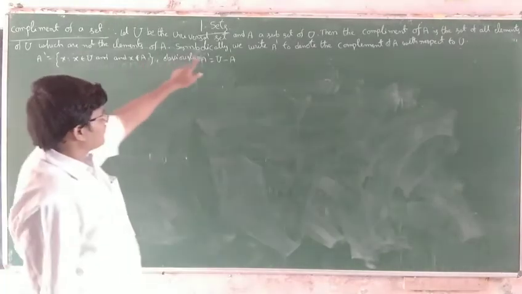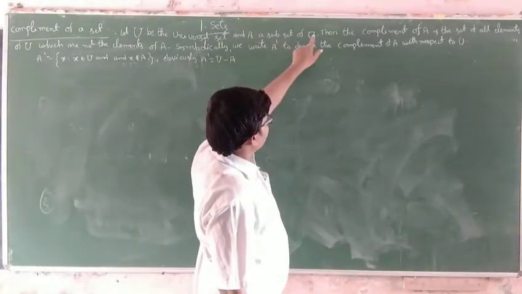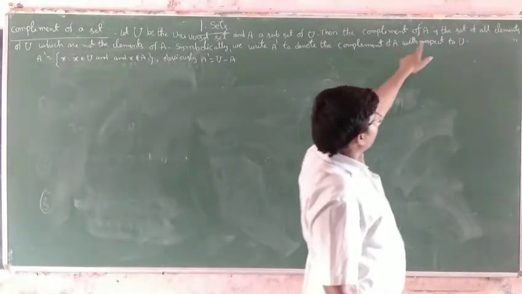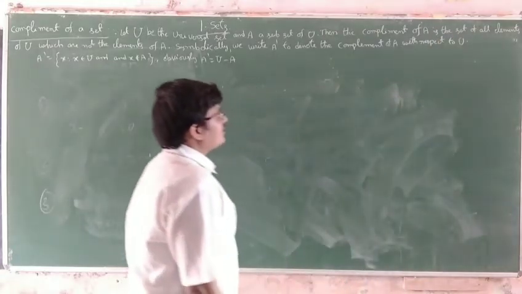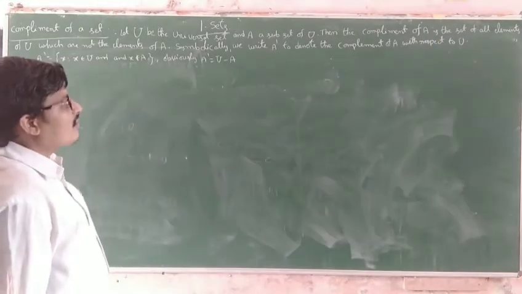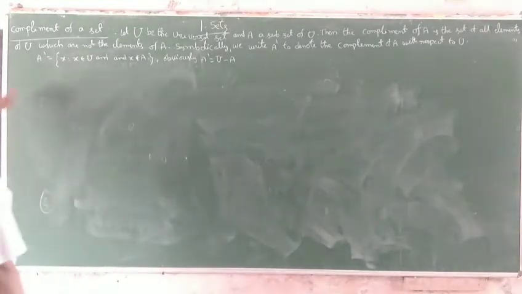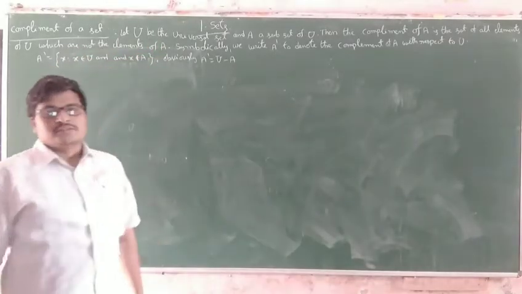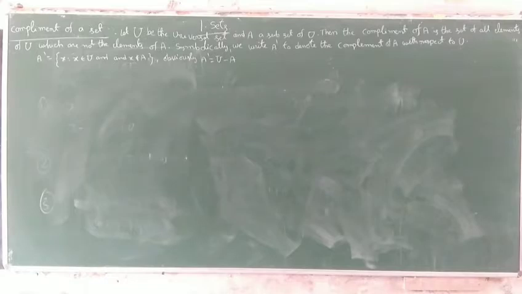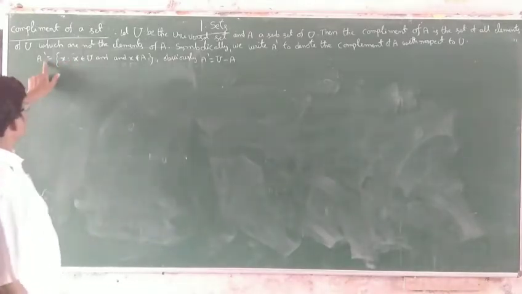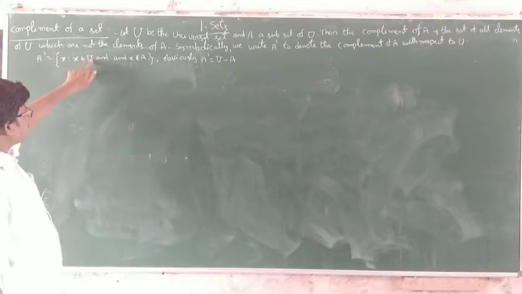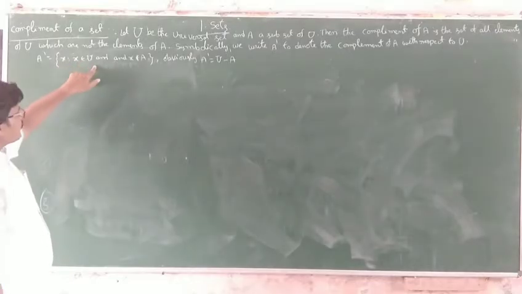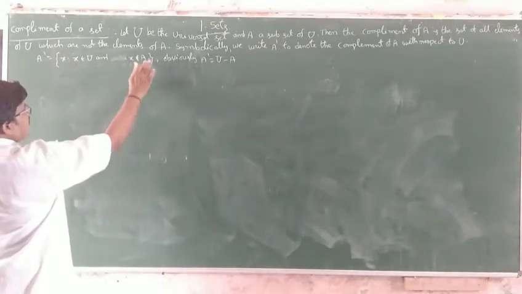A is a subset of U. Then the complement of A is the set of all elements of U which are not elements of A. So what is the meaning? A complement is equal to x such that x belongs to U and x does not belong to A.